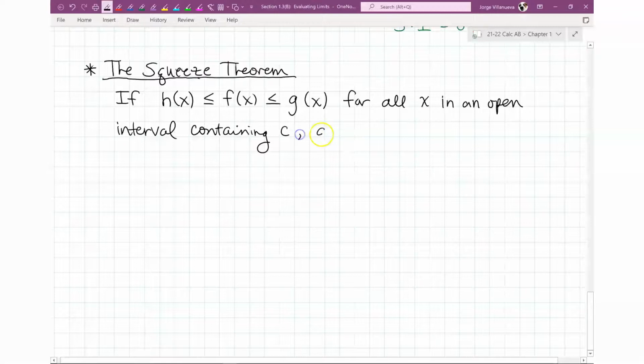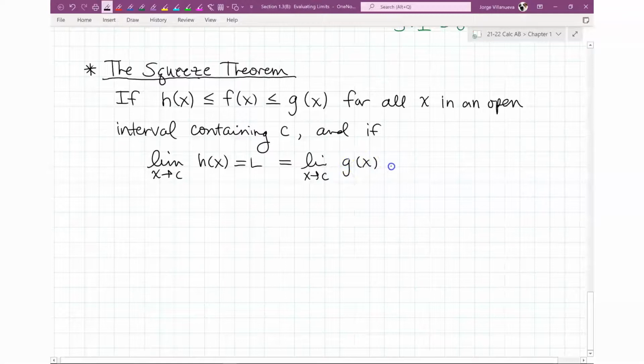and if the limit as x goes to c of h of x is equal to L, which is equal to the limit as x goes to c of g of x, then, and I'll try to draw this out for you guys and write it in a different form, but I'm just giving you the actual theorem.